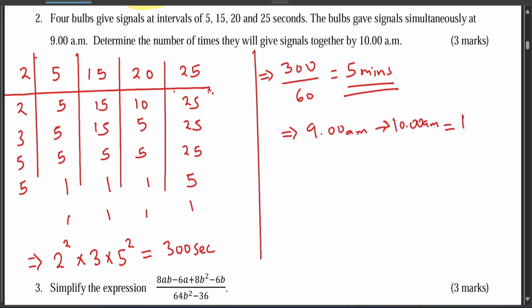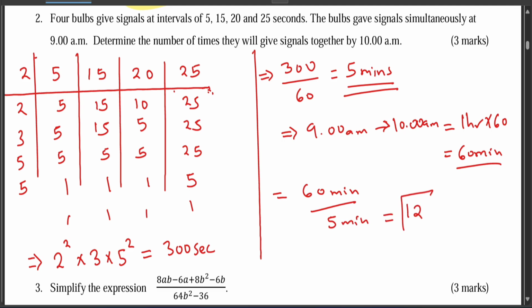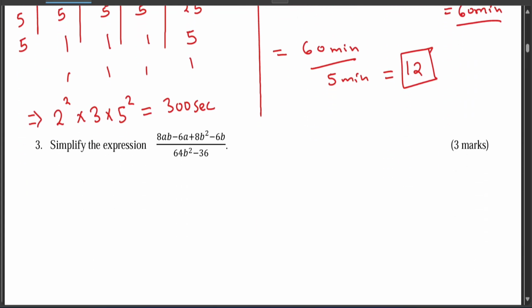It should be 1 hour, in which 1 hour is equivalent to 60 minutes. Now, you take the 60 minutes, divide by 5 to find out how many times. So it gives you 12. So 12 times, guys.